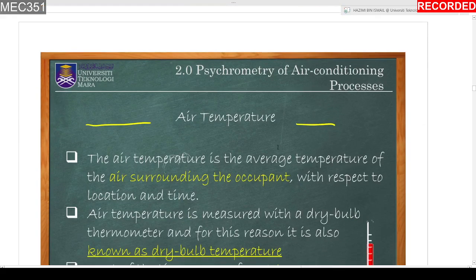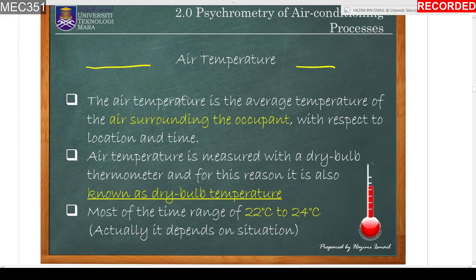Okay, so let's see about the first factor, air temperature. So air temperature is measured with a dry bulb thermometer, and for this reason it is also known as a dry bulb temperature. Kebiasaan yang awak jumpa temperature dalam sebelum ni itu adalah dry bulb.